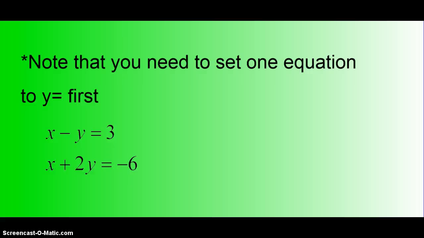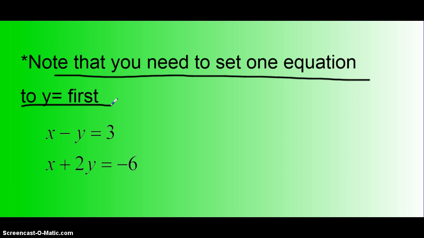Notice that in this set of equations, we don't have a y is equal to or an x is equal to, but I can certainly fix that situation. Note that you need to set one equation to y equals first. You can also set it to x equals first, but I'm just going to say y equals just to be consistent here.